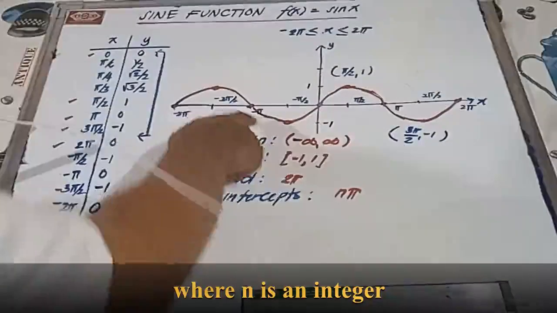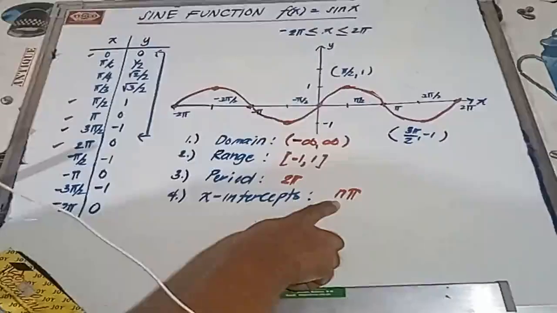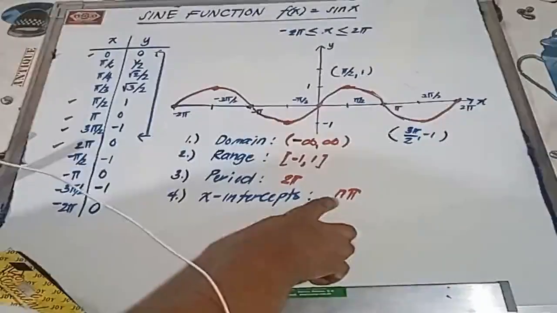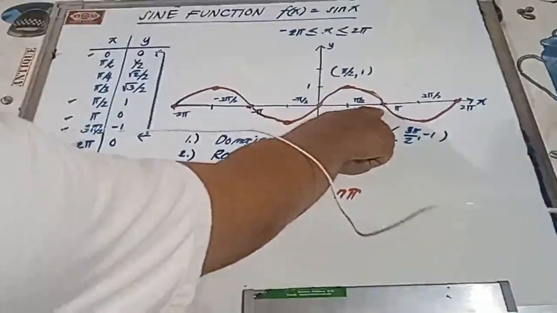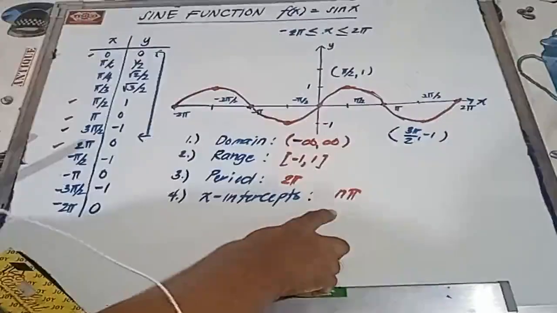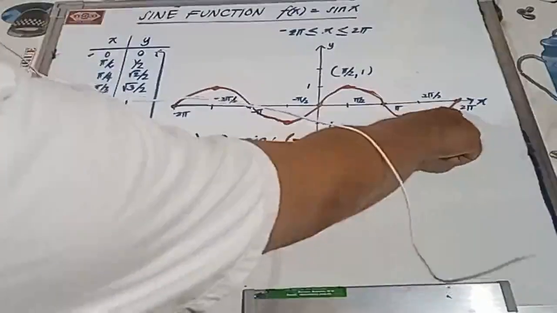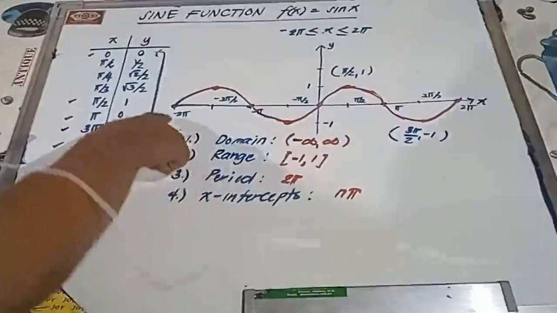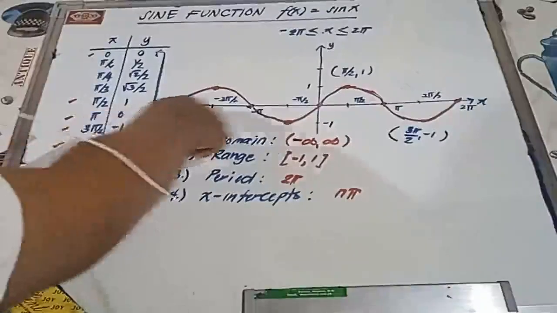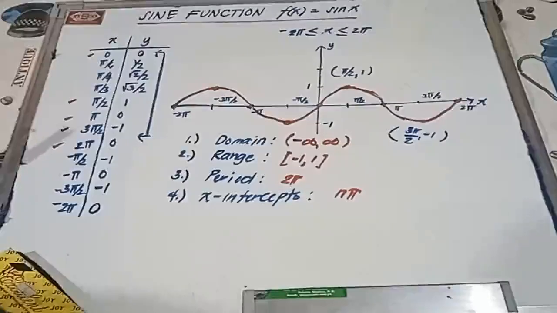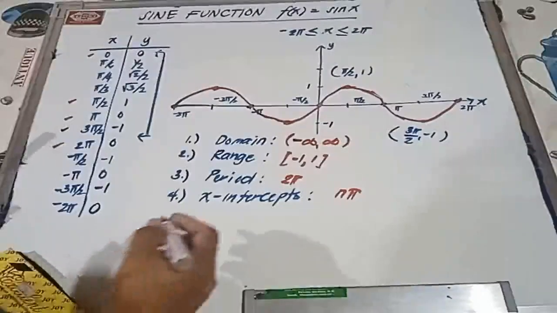Ito mga intercept niya, let's say if n equals 1, 1 times pi is pi. If n is negative 1, negative pi. If n is 2, 2 pi. If n is negative 2, negative 2 pi. Naroon din siya sa x-axis. Yun yung intercepts niya, and n is an integer.